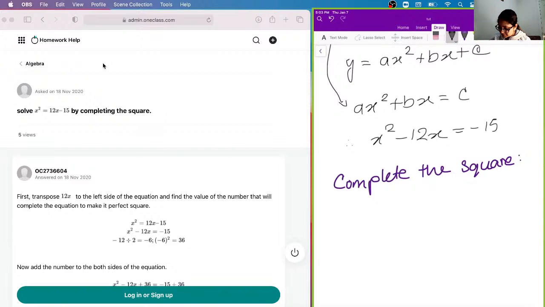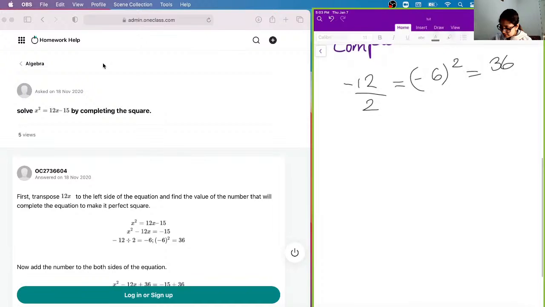Our middle term here is negative 12. So we say negative 12 divided by 2 is negative 6, and you square this, and you get 36, right?